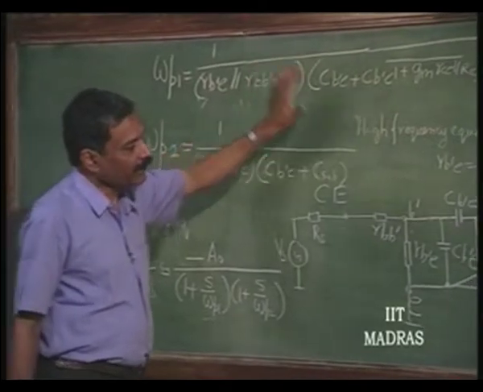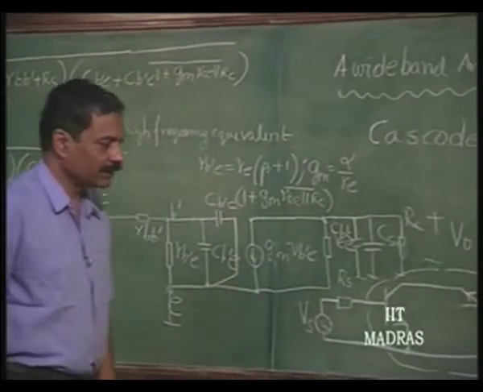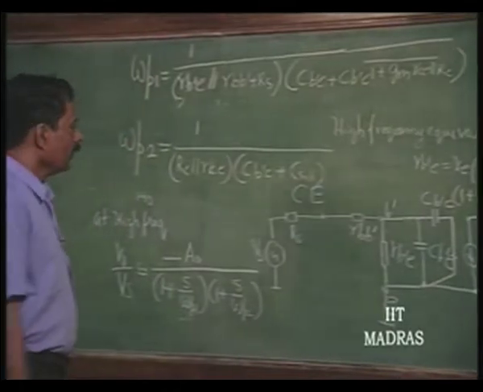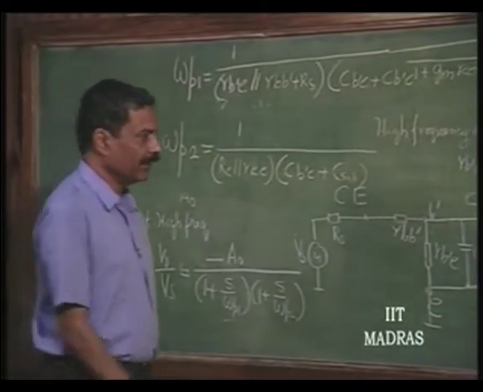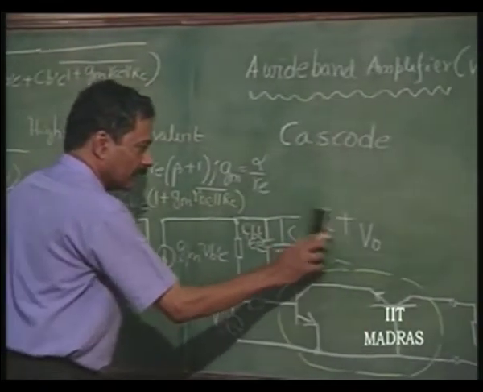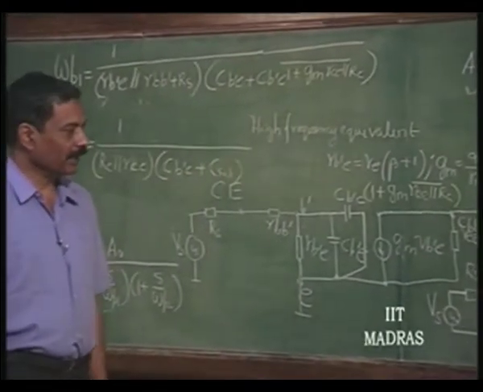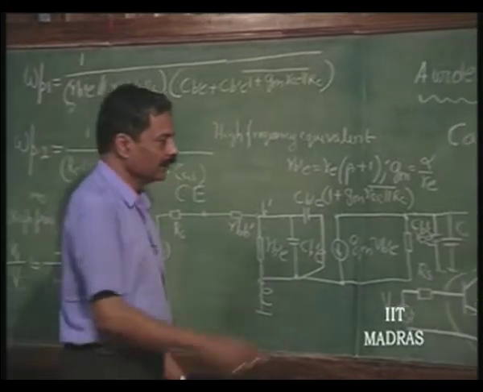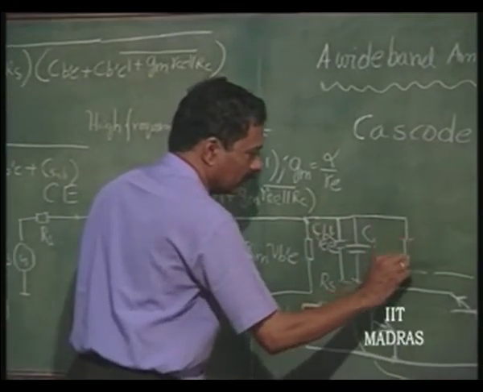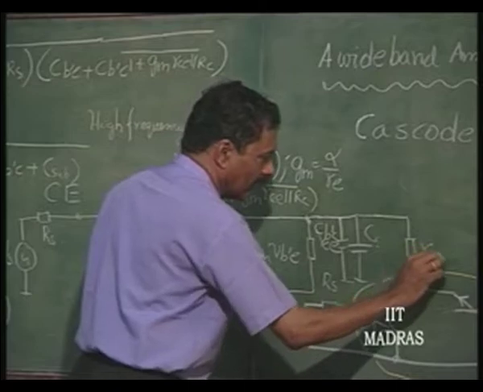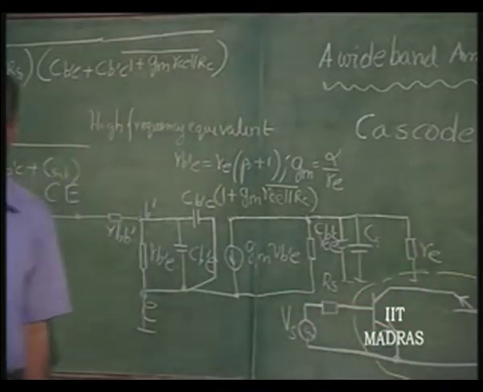That is why we had gone for a cascode structure. What happens in a cascode? All these things remain the same, only thing is now there is no Rc here. Instead of this Rc, we have just about Re. That is a common base structure.